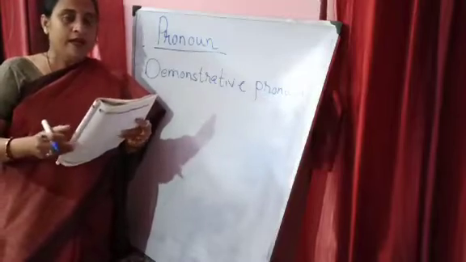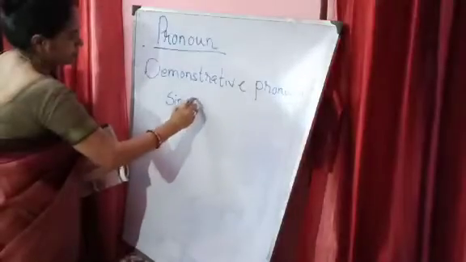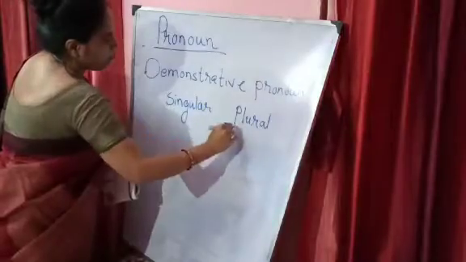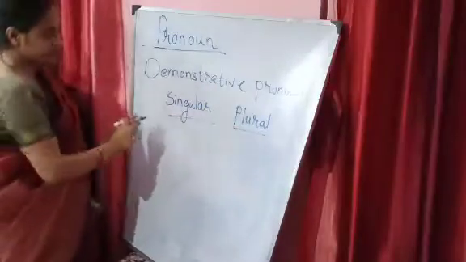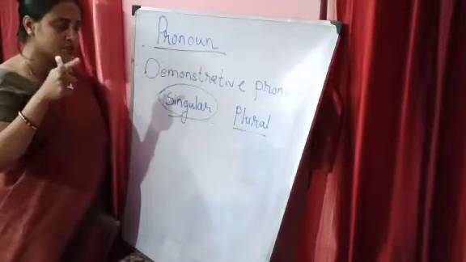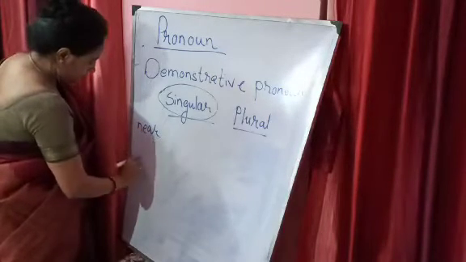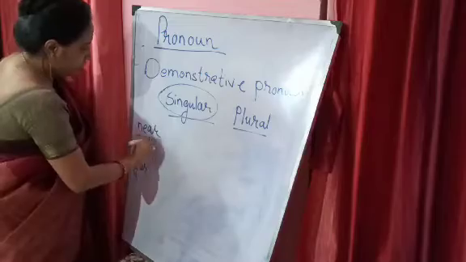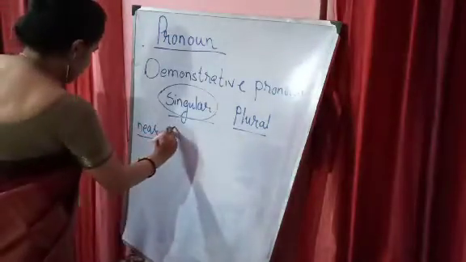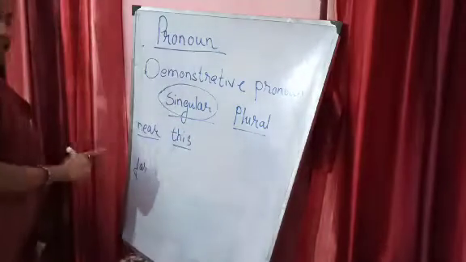For singular and plural, just see, I am telling you, when you denote singular words, when you point out a singular word which is near you, you point out with this.